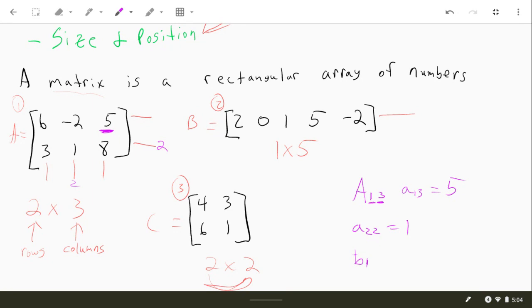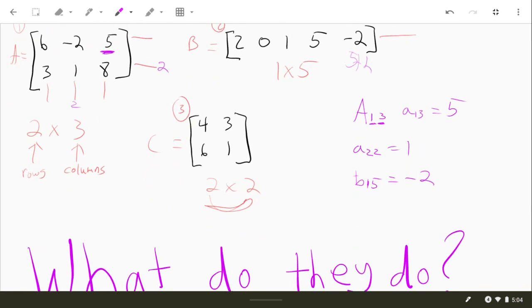So if I said b, and then 1, 5, that would be the -2 there, because that's the 5th position over. Let's say you were trying to describe the 6. How would you describe where that 6 was for matrix C? Well, it's in the second row and the first column. So it'd be c, 2 1, and that would equal 6.